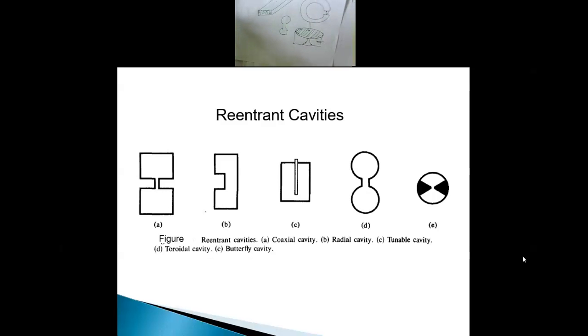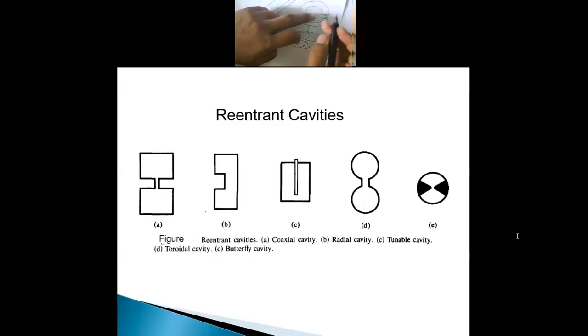Now what happens here? Internally, the cavity has conducting material, so we consider it a conducting cavity.